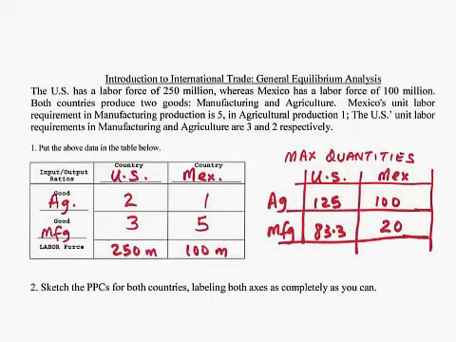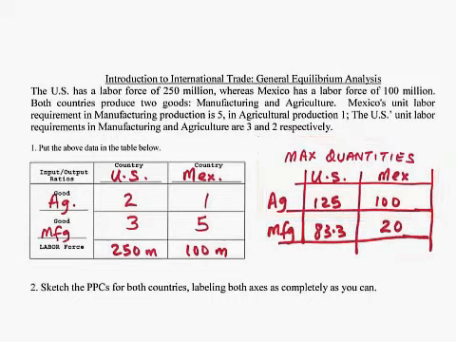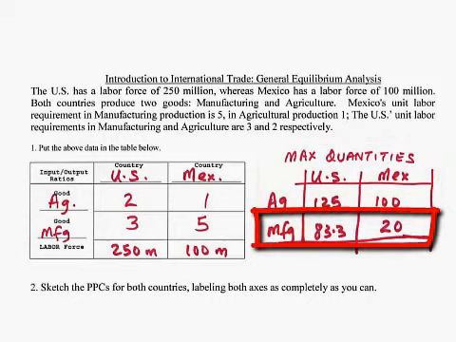So the US, putting all of its workers in agriculture, would produce 250 divided by 2, which is 125 units of agriculture. Mexico would produce 100. In terms of manufacturing, Mexico would produce 100 divided by 5, which is 20, and the US would produce 250 divided by 3, which is 83.